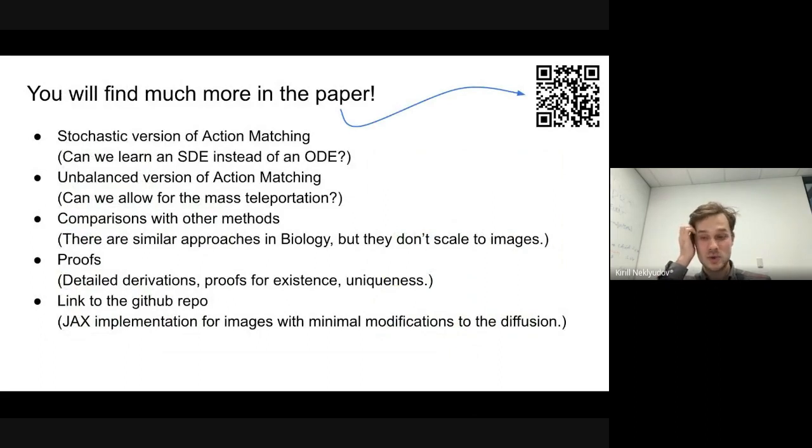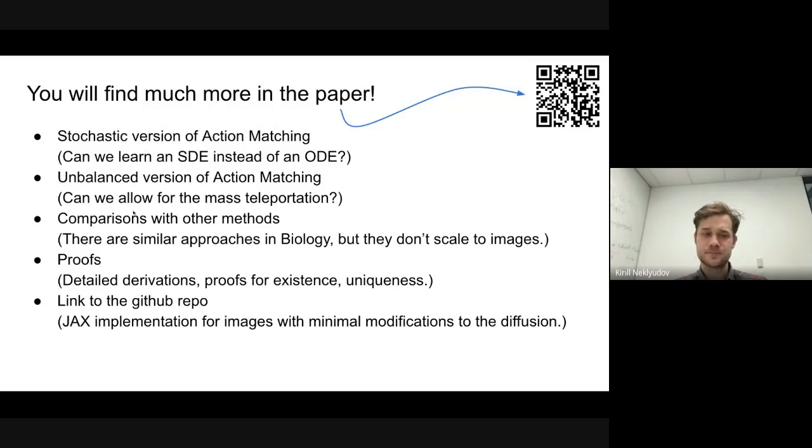As we partially discussed, what's in the paper, and we'll upload the new arXiv version soon. In general, you can see there is the stochastic version that I mentioned, where you learn an SDE instead of an ODE, and the loss is pretty much the same except for one term. And you can see the unbalanced version that allows for mass teleportation and changes the weights of particles while solving the ODE, or SDE as well.